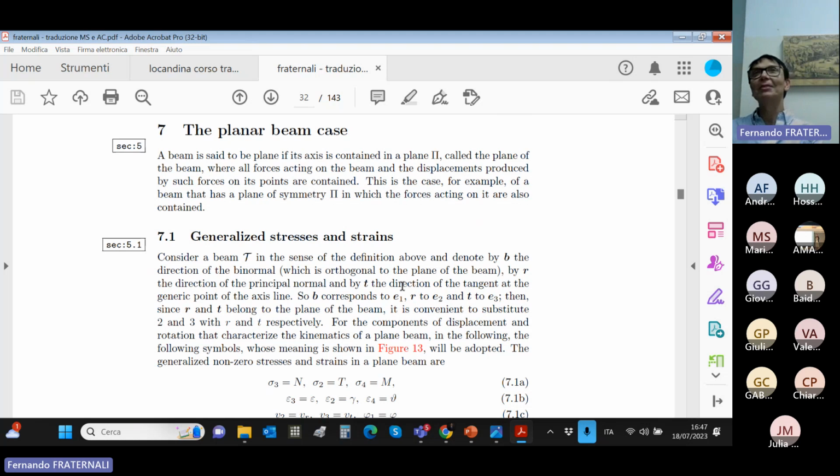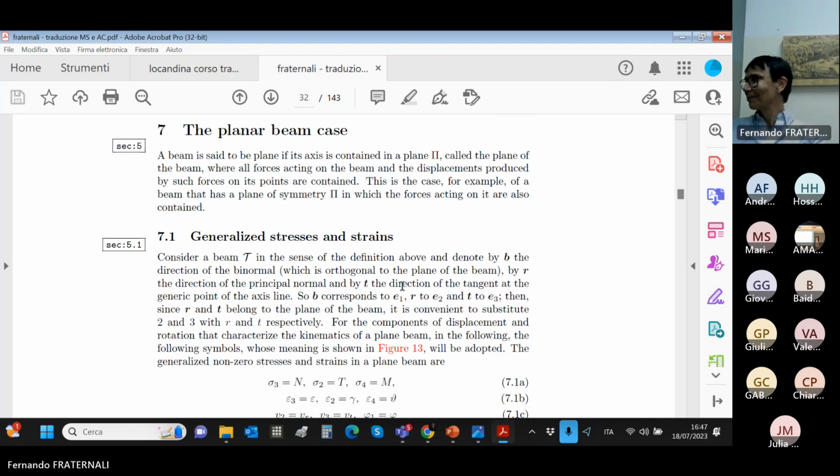So maybe we can postpone this to tomorrow. I guess if we ask the students, they will tell us to postpone to tomorrow. But it should be our decision. We shouldn't ask them. I'm pretty sure that this will be their answer.